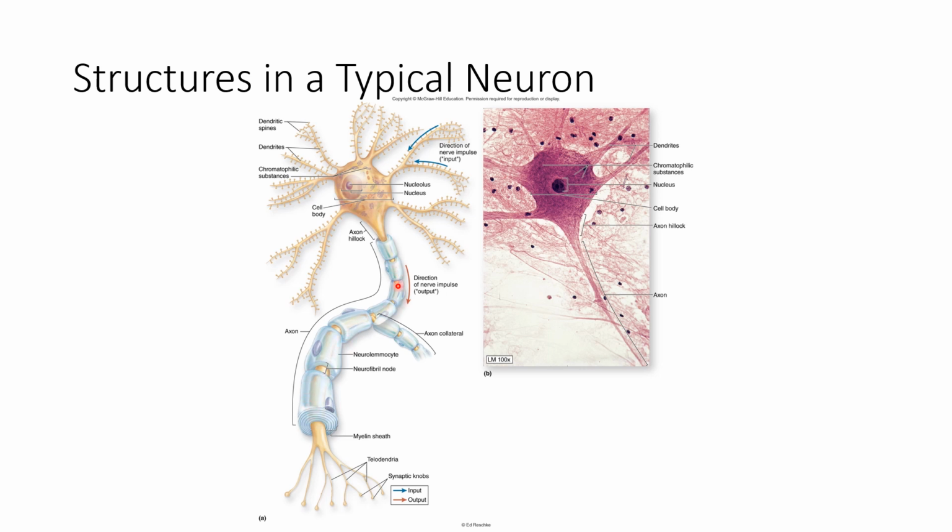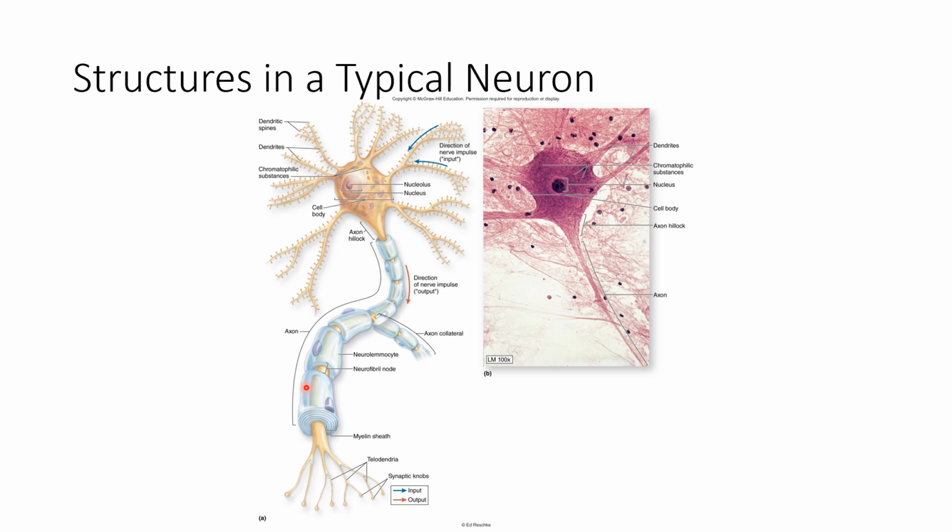Now, if you look at the axon, you will notice that the axon is covered up by this insulator layer right here, known as the myelin sheath. So the myelin sheath acts as an insulator. It insulates and it protects an axon.